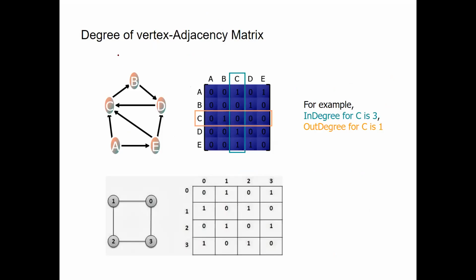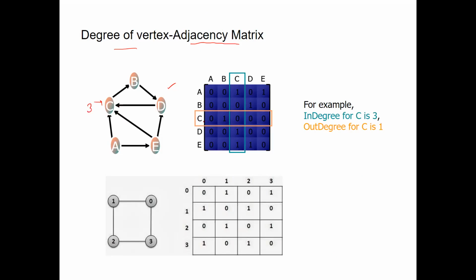Now, what is the degree of a vertex if you are using adjacency matrix representation of graph? This is the example for a directed graph. In directed graph, if you carefully see, what is the in degree of C? In degree means incoming edges into the vertex C, that is 3.